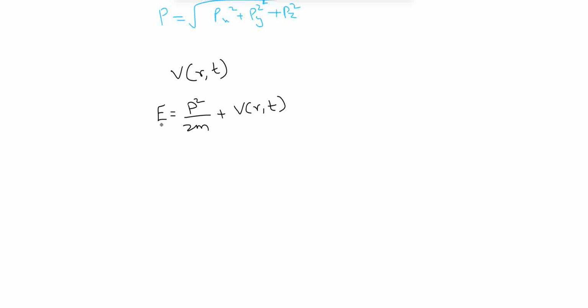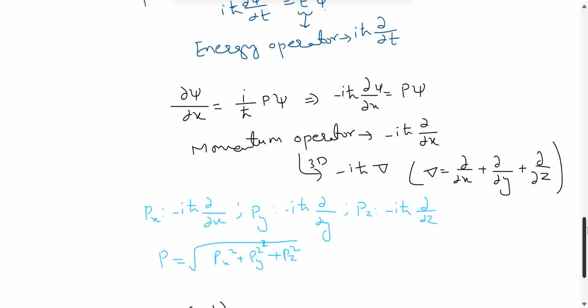And E is i h cross dou psi by dou t, and we have seen p square by 2m. Let me get back to that.